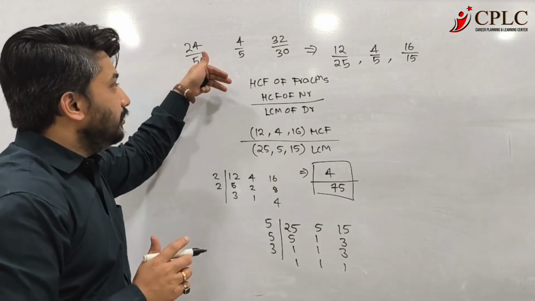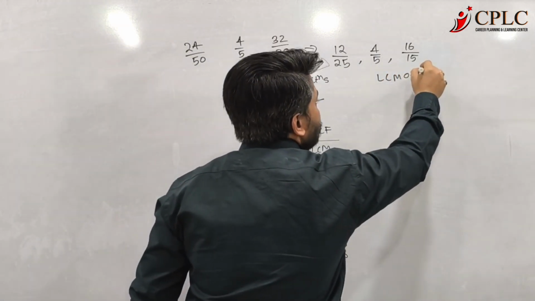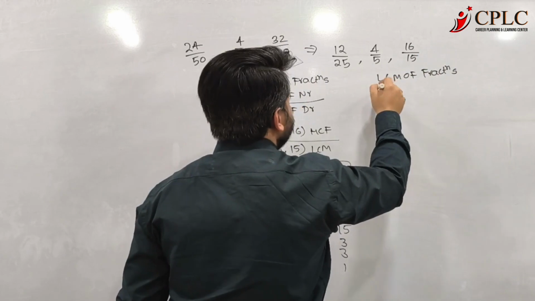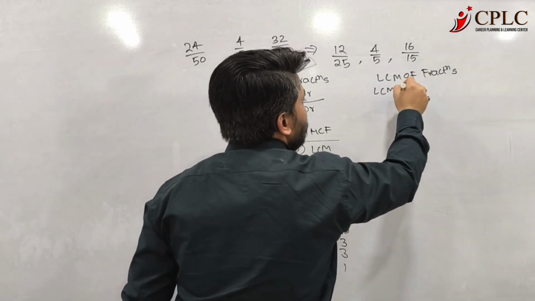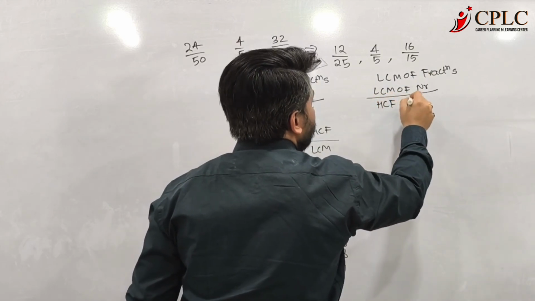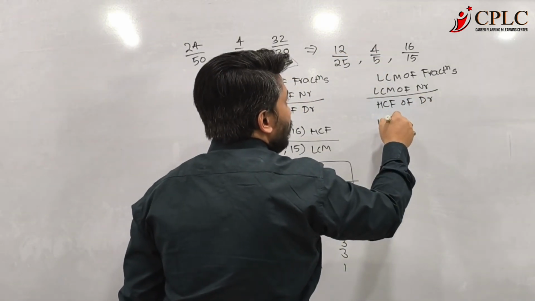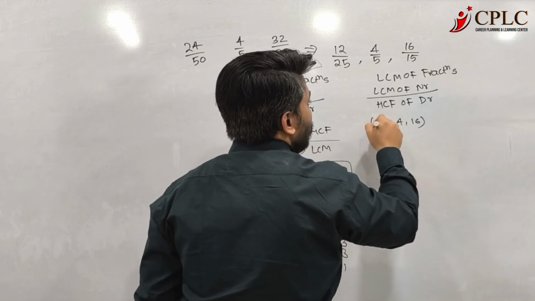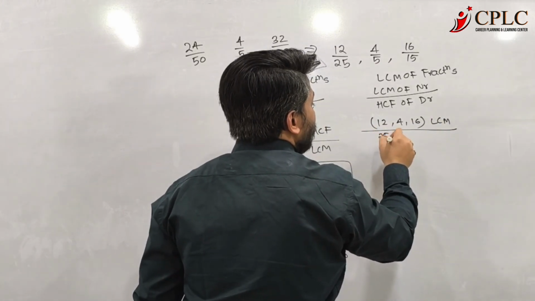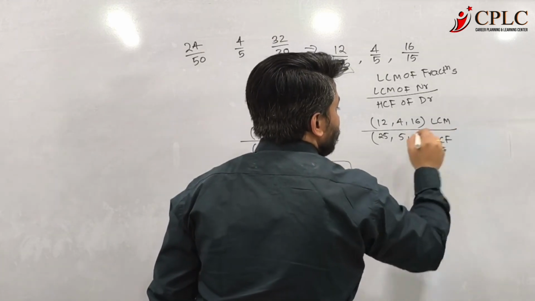Now this was only the HCF part. Let's do the LCM also. So LCM of fractions, we know the formula. It is LCM of numerator and HCF of denominator. So that means for 12, 4, 16 we'll have to take the LCM, and for 25, 5, 15 we have to take the HCF.